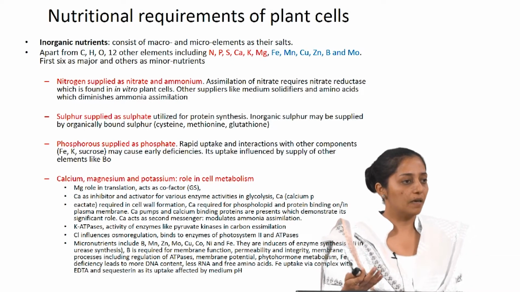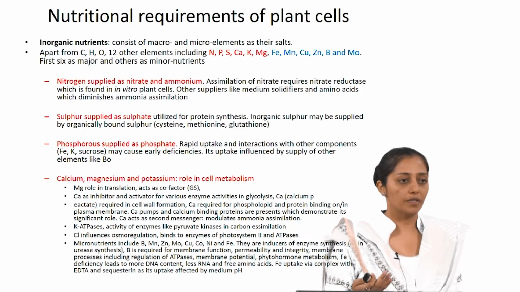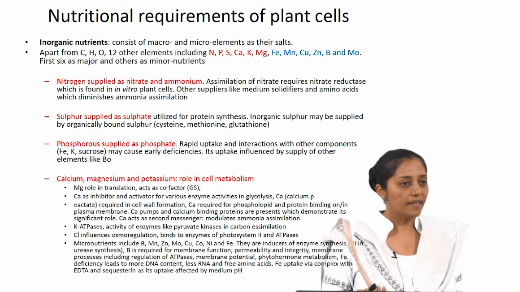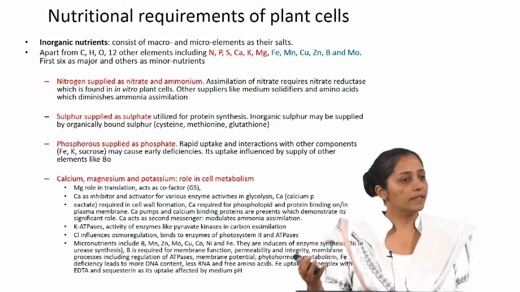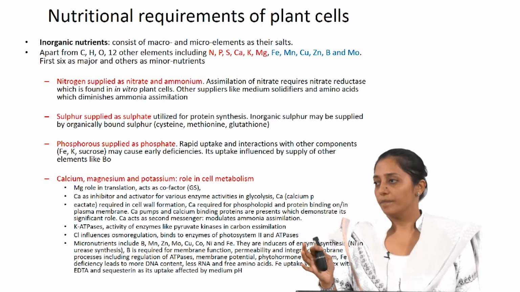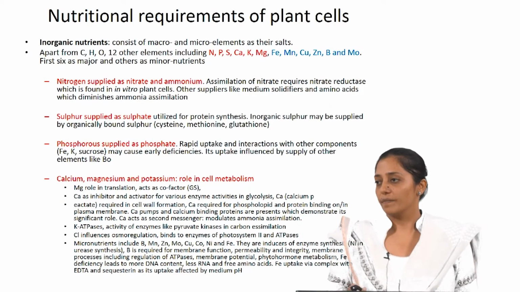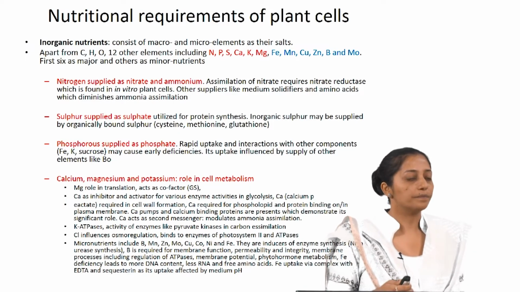They come to the plant either in the root or in the shoot itself. It is then converted into nitrite, and then from nitrite into ammonium, and assimilated in the form of amino acids and other nitrogen compounds.